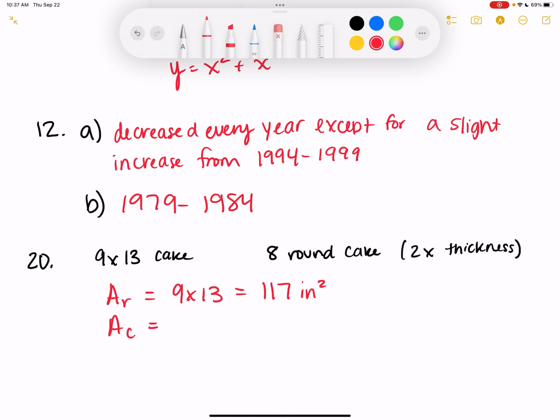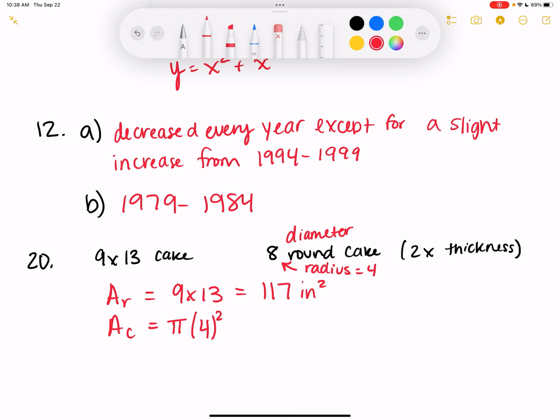That would be pi r squared. Okay, so what am I plugging in? Pi 8 squared. Are you sure? That's the diameter. Okay, pi r squared. We need the radius, which is 4.